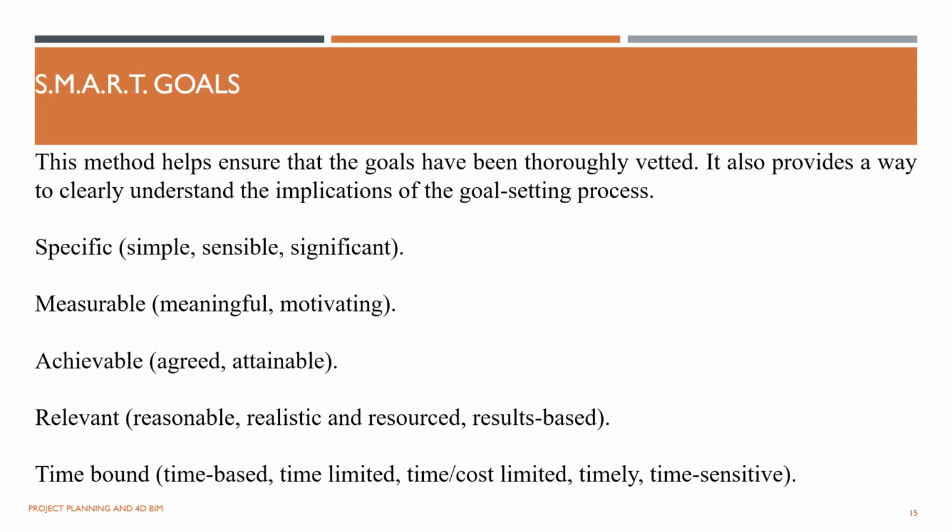And then relevant. When it comes to relevant, it means reasonable or realistic. Same as I said about achievability, we also have to consider whether there is a requirement, and whether this plan, design, drawing or building is reasonable or realistic. Also whether this project is going to start at the right time.